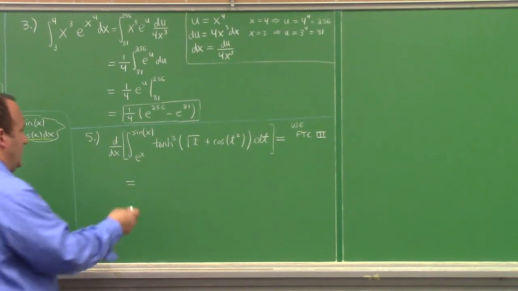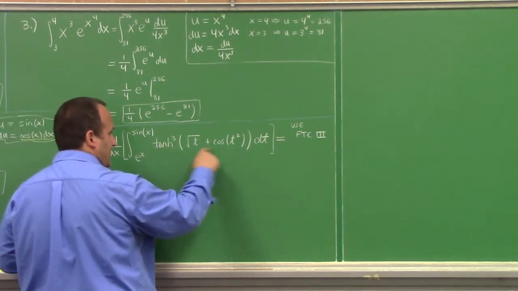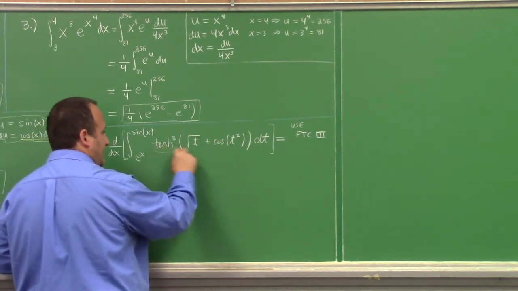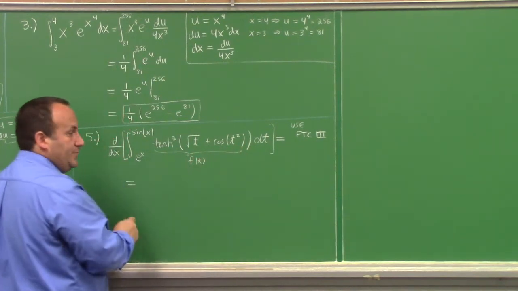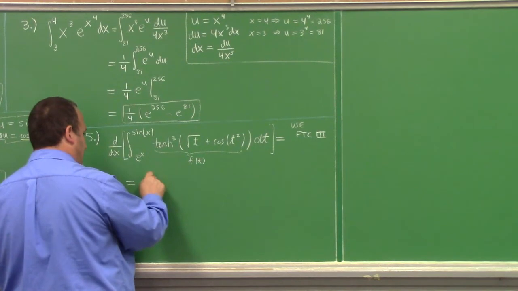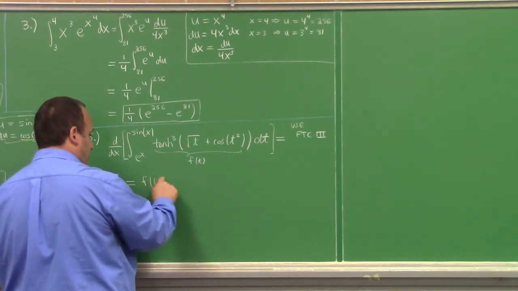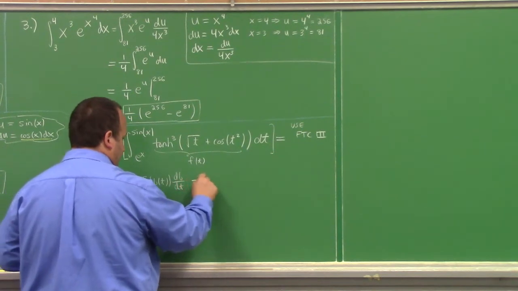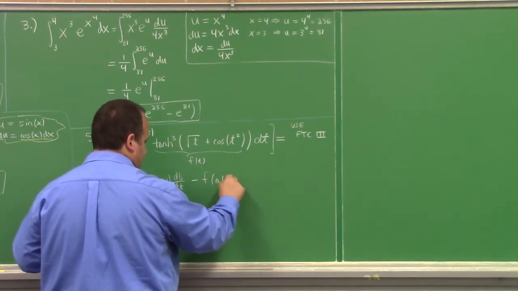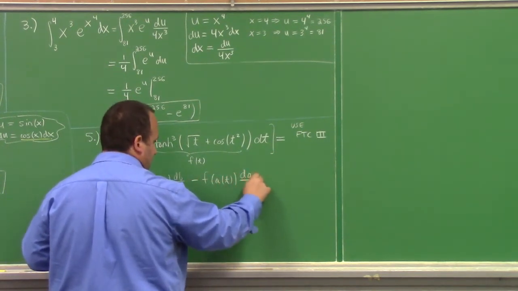So what you do is you take whatever this is, I'll just write it symbolically for a second. Let's call this thing f of t. So what we do is you take f of b of t times db dt minus f of a of t times da dt.